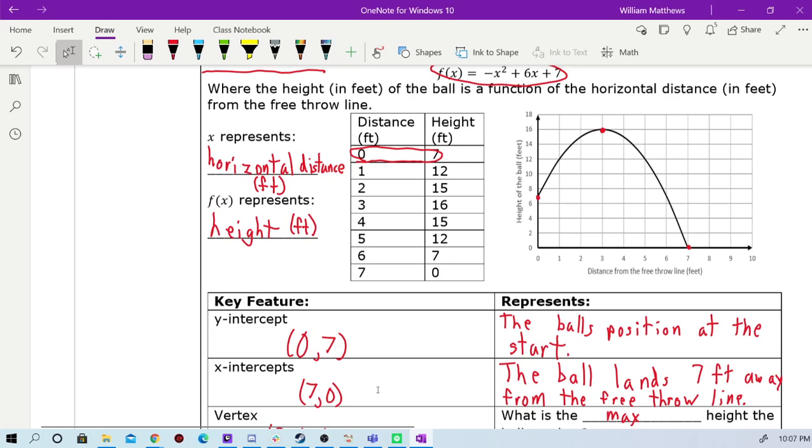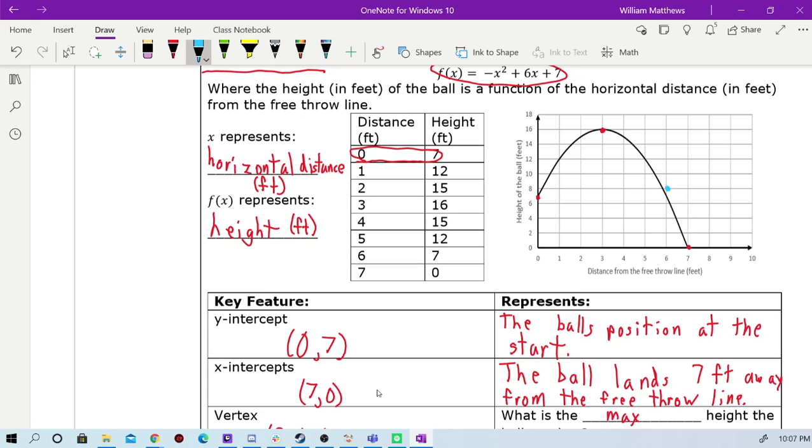So, if we look at this, using a different color for our goal, it says at 6 feet away, the goal is 8 feet into the air. It wants to know, did our shooter make his shot? Now, in order to make it, that means that our pathway would have to line up directly on this point.